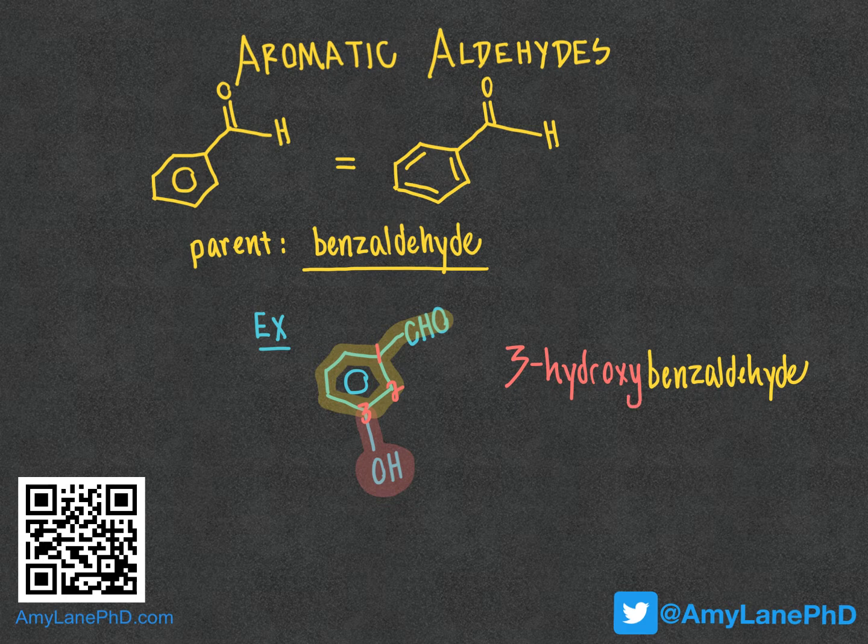Now there is also a system of nomenclature referred to as ortho, meta, and para. And to review that, what ortho, meta, and para refers to is the relative positions of 2 different groups on an aromatic ring, which I will call Y and Z. There are 3 possible ways that those atoms could be arranged around the ring relative to one another.